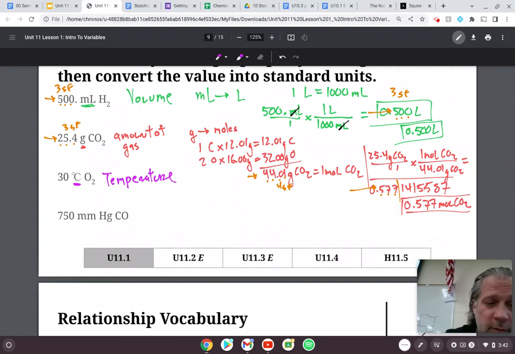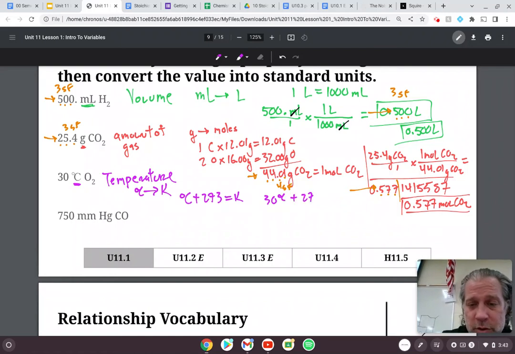So I'm going to be converting from degrees Celsius to Kelvin, and that formula was degrees Celsius plus 273 equals Kelvin. So I'm going to take 30 degrees Celsius plus 273, which will give me Kelvin, and 30 plus 273 is 303. So my final answer here is going to be 303 Kelvin.